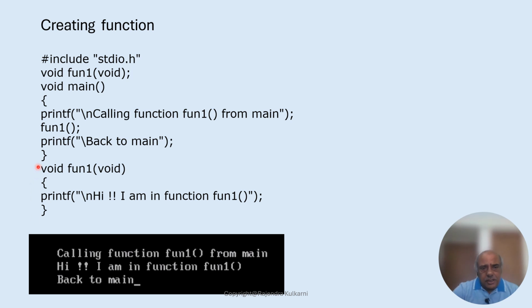And when the function block is complete, closing braces of the function are reached, the program goes back to the calling function, which was main in this case, and it starts executing the statements appearing immediately after the function fun1, then the closing braces of main.